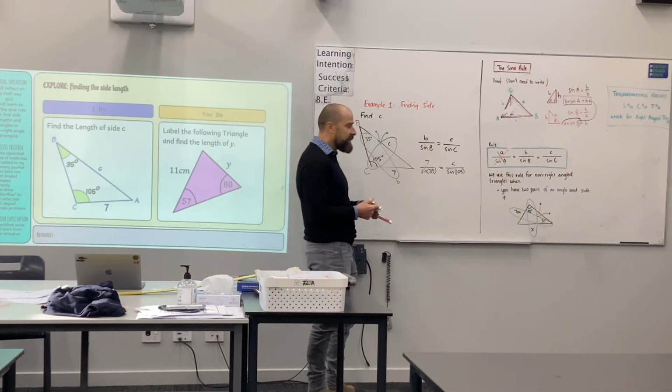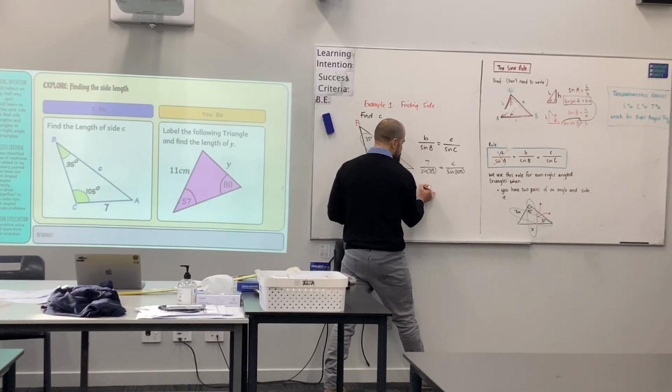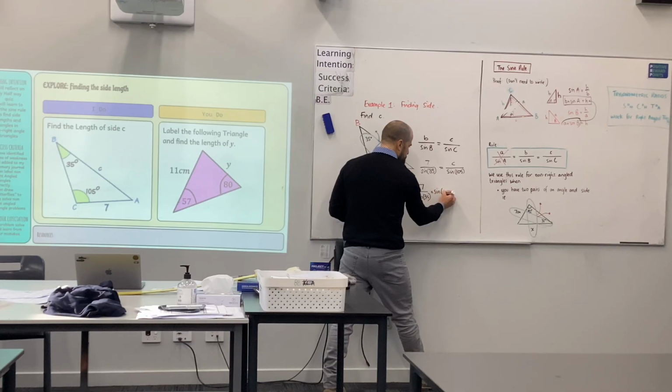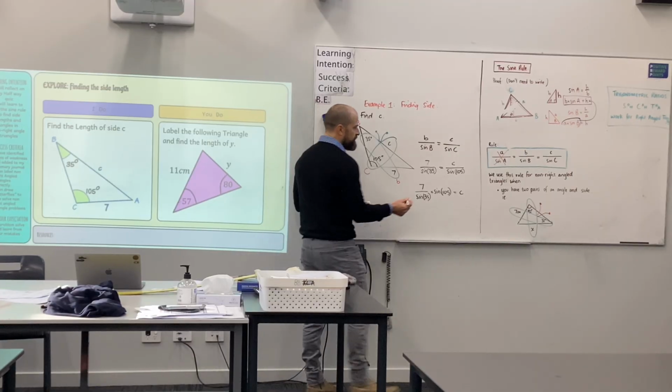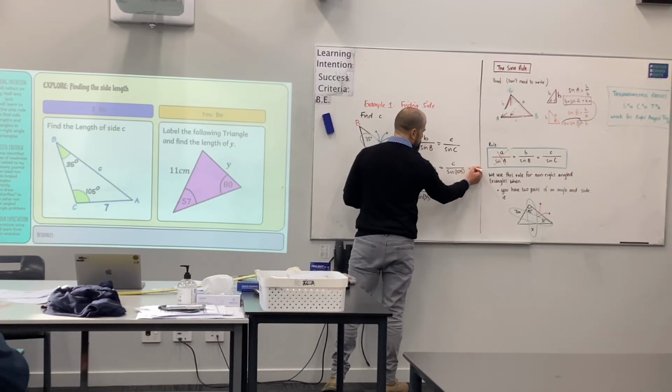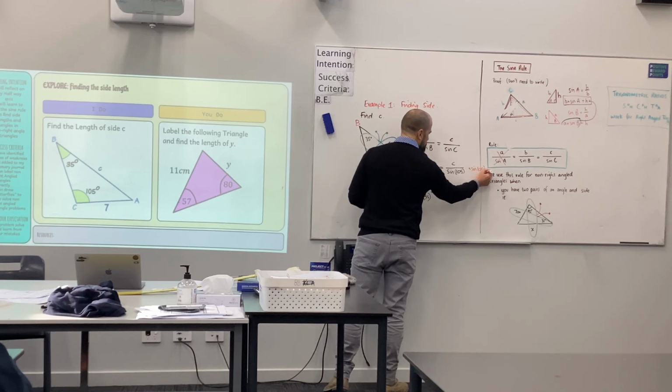So we're using our solving equation skills here. We're going to take what we already had and we're going to multiply it by sine of 105 to get c. So we times both sides by sine 105.